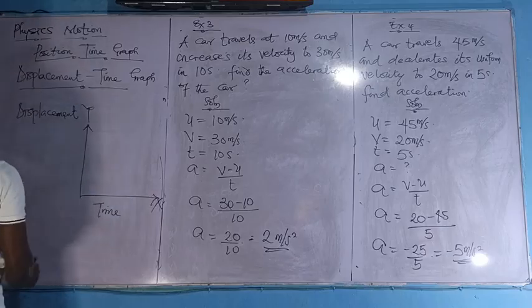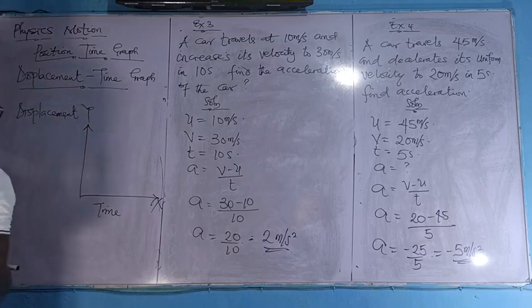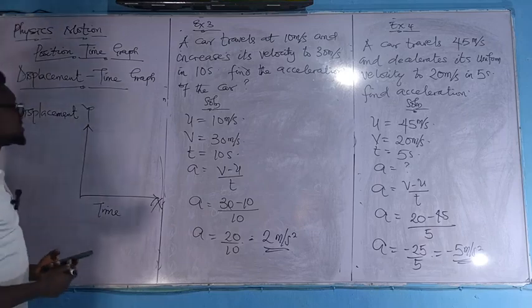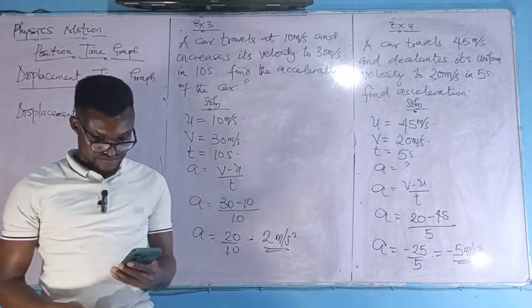So any graph that shows displacement versus time is said to be a displacement time graph.